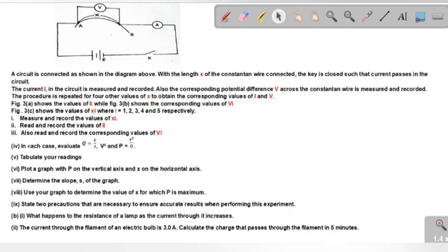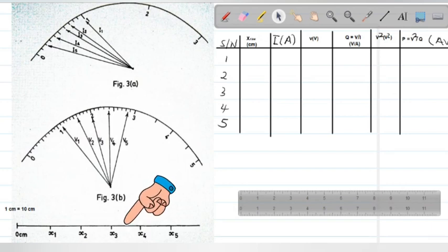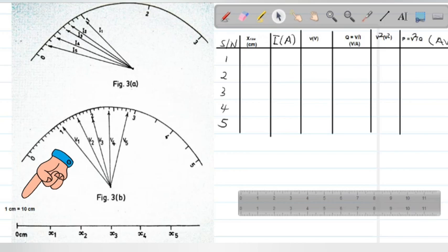And figure 3c shows the values of X sub i, where i equals 1, 2, 3, 4, and 5. The sub i means the values of X for different lengths of the wire. So you're going to take a look at the measurement for X. This here is to take the measurement for S, and we have a scale given for X, so we're going to use the scale.